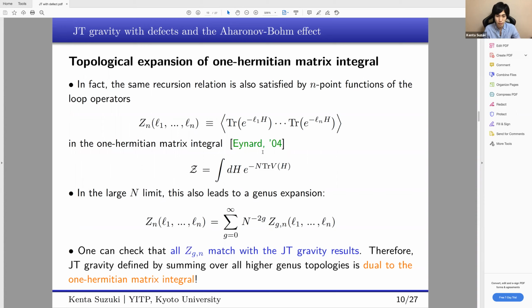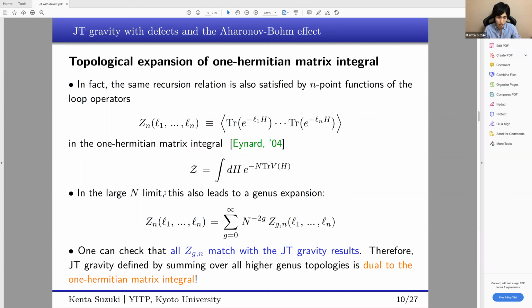In this theory, we define n-point functions of loop operators. The loop operator corresponds to this trace of e to the minus L times the Hermitian matrix H. The n-point function of this loop operator can also be written in terms of a large N expansion.